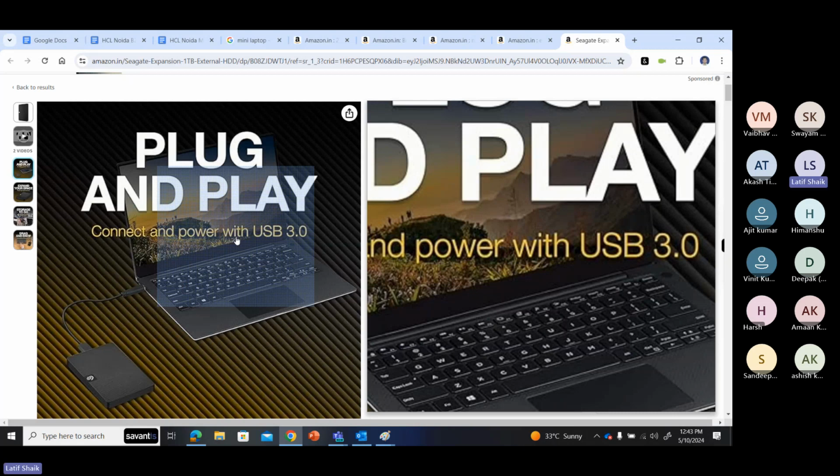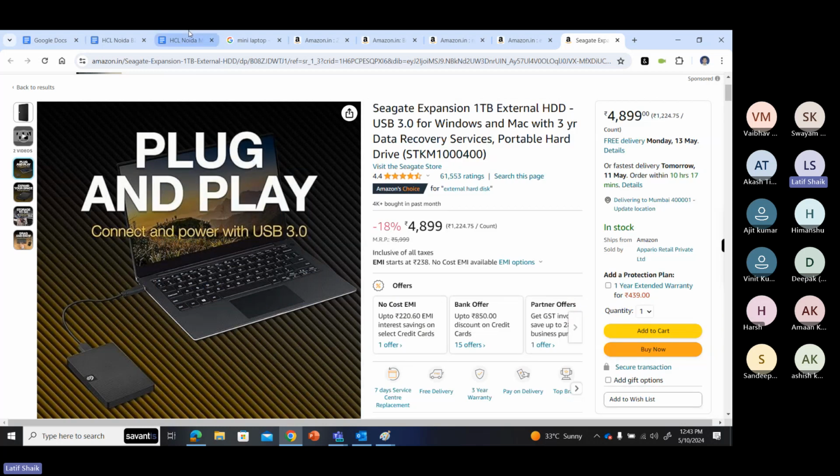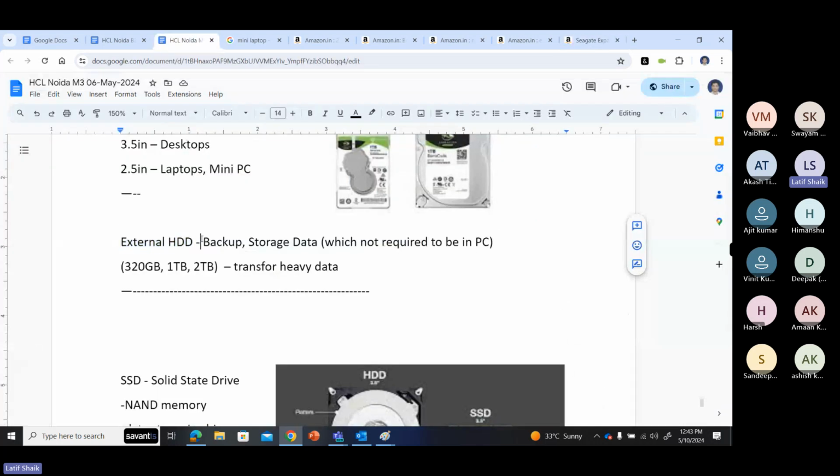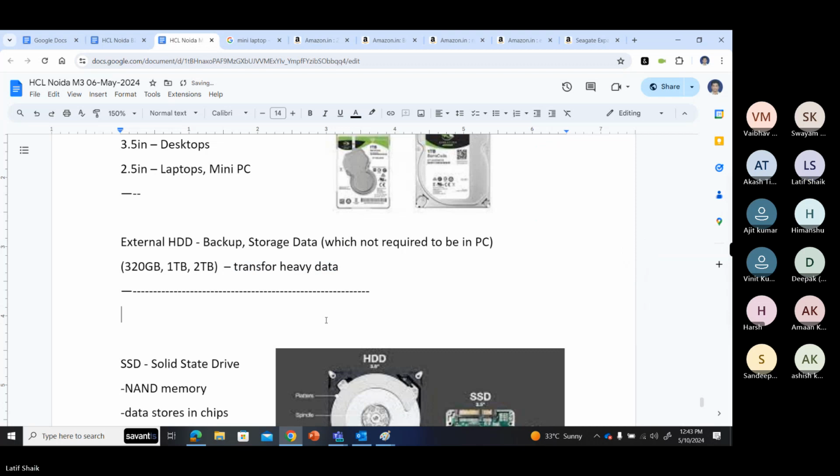So I connect my external hard disk, copy it to the external hard disk, connect it to the other person's system and paste it. That is the external hard disk: for backup, data storage not required in your PC or laptop, and to transfer heavy data from one system to another.